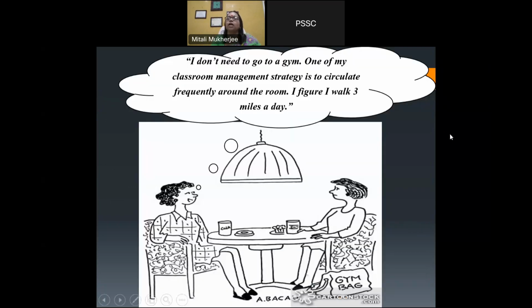Now look at this slide: classroom management. The first thing for a successful teaching-learning process is to learn how to manage your class. There's one technique already in front of you: I do not need to go to a gym. One of my classroom management strategies is to circulate frequently around the room.